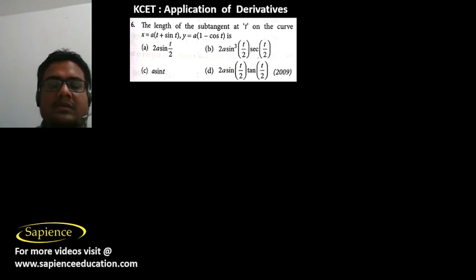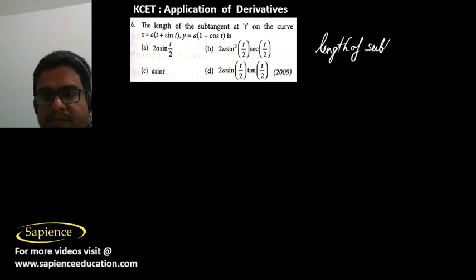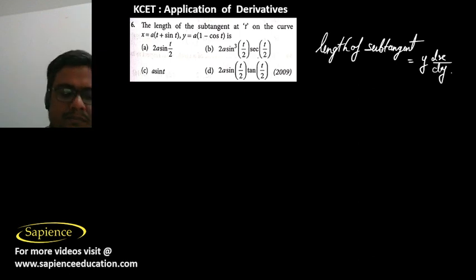The length of the subtangent at t on the curve is. The length of the subtangent is given as y into dx by dy at any point on the curve.